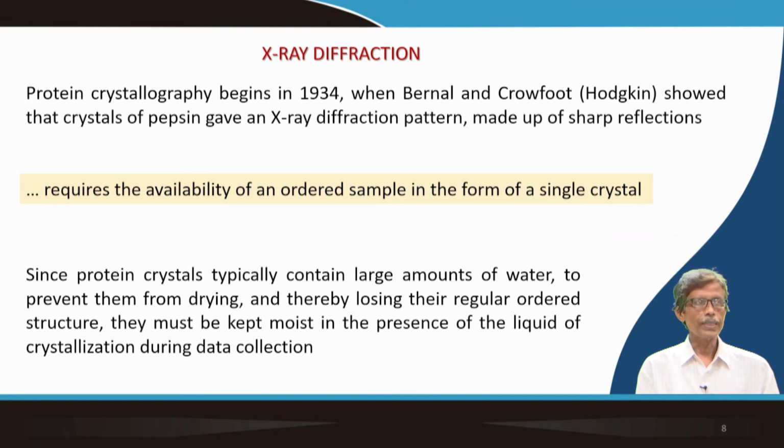A good idea for that system is to put the sample inside a capillary. If you seal it inside the capillary with the mother liquor, the solution in which you crystallized the protein molecule, you can keep it moist during crystallization and during data collection also.